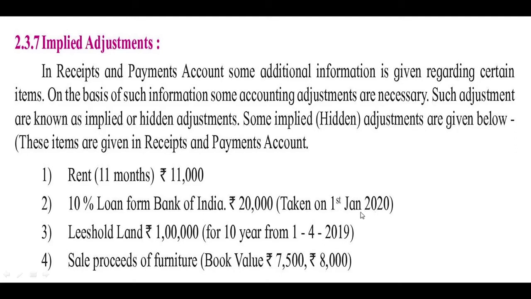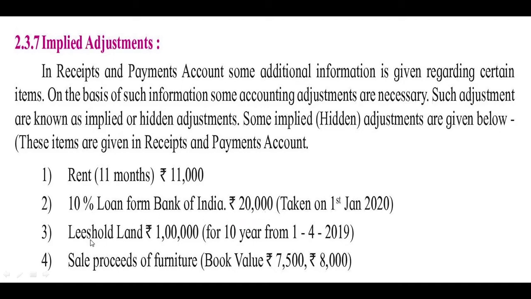It means January, February and March, only 3 months interest will be due on this loan. So we have to give effect for that outstanding interest. 10% of 20,000 comes to 2,000, of which we have to take the 1/4 amount, that is only for 1 quarter.